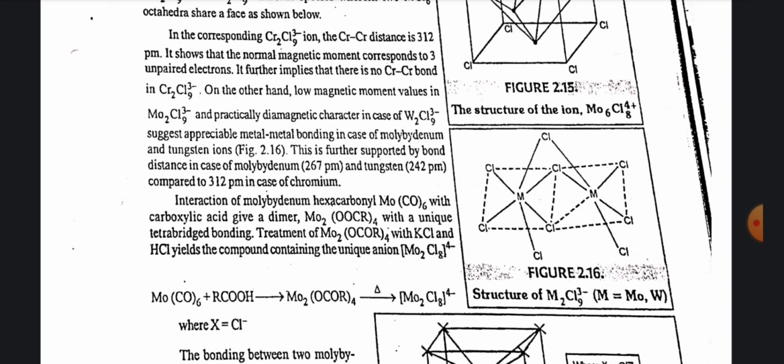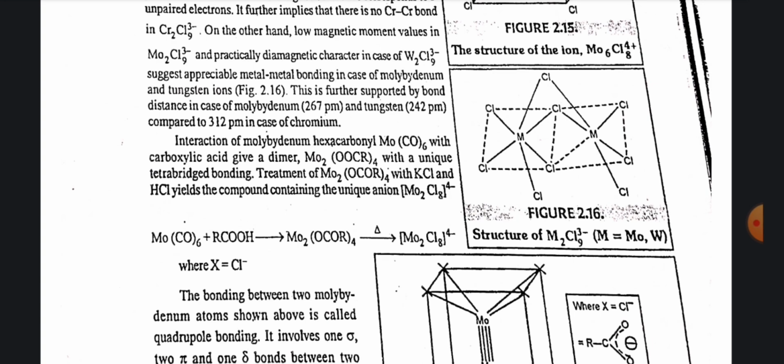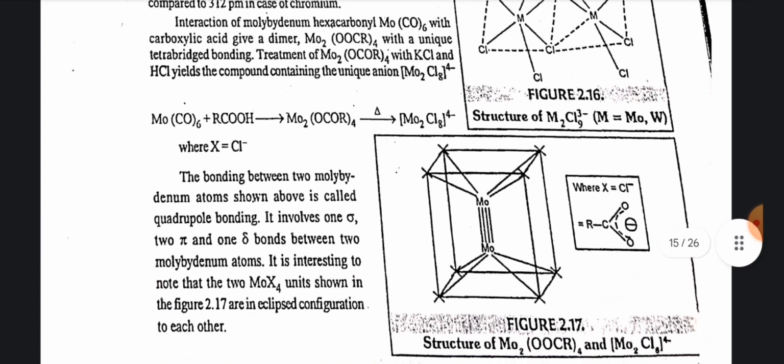It further implies that there is no Cr-Cr bond in Cr2Cl9 3-. On the other hand, low magnetic moment values in Mo2Cl9 3- and practically diamagnetic character in the case of W2Cl9 3- suggest appreciable metal-metal bonding in molybdenum and tungsten ions. This is further supported by the bond distances in molybdenum and tungsten compared to 312 picometer in the case of chromium.